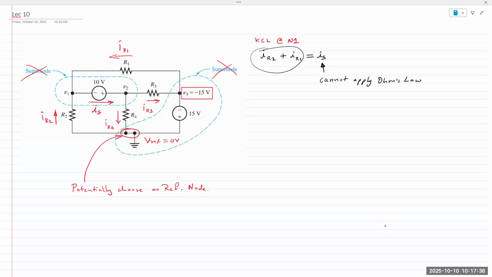To do that, we'll apply KCL at node 2. If you apply KCL at node 2, what do we have? We have IS entering the node, and we have IR3 and IR4 leaving the node.